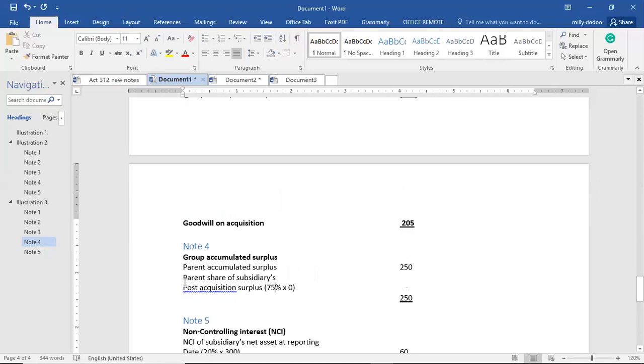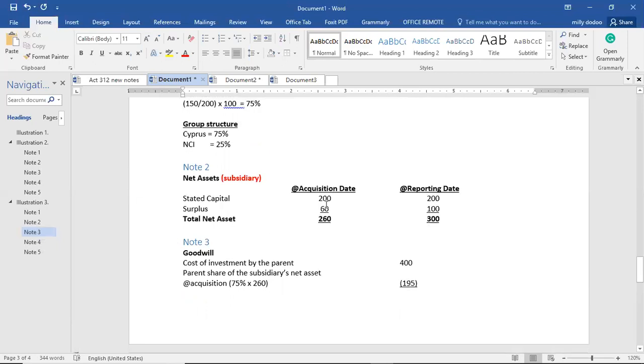Now, parent share of subsidiary's post-acquisition surplus. Look here, the note 2, net assets. When you want to get the post-acquisition surplus, there are 2 ways of getting it. Number 1, either you subtract the acquisition date net assets from the reporting date net assets.